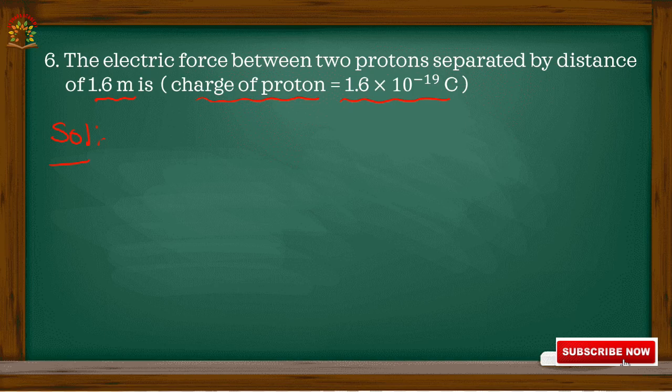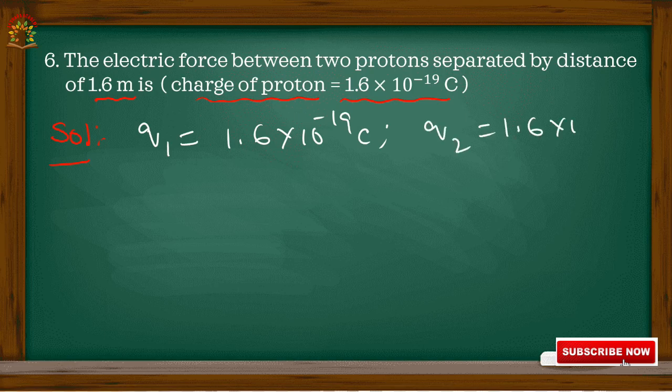You have to find the electric force between the two protons separated by a distance of 1.6 meters. So Q1 is equal to 1.6 into 10 to the power of minus 19 coulombs, and Q2 is equal to 1.6 into 10 to the power of minus 19 coulombs.